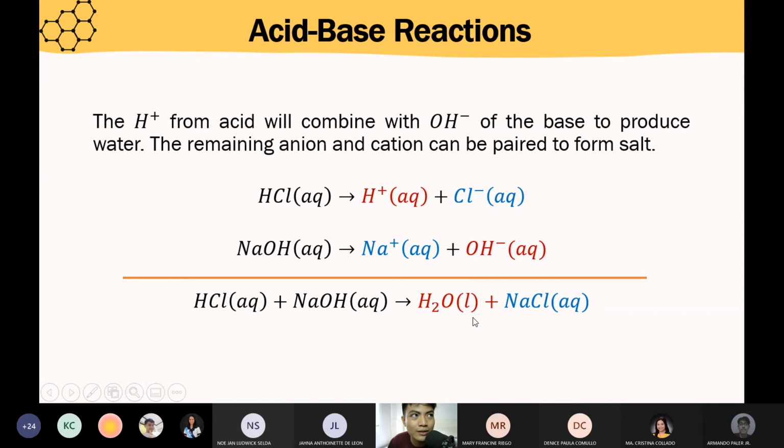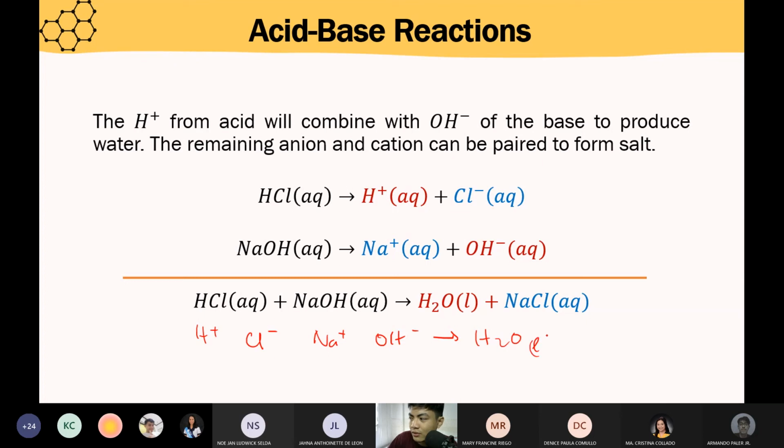Ito, tanungin ko kayo. Ano yung net ionic equation nito? Okay. So sabi ko, for the net ionic equation, only aqueous species should be cancelled out. Okay. So if I write them again into the total ionic equation, so this will be H plus, Cl minus, Na plus, OH minus. Yung water, hindi ko in-split kasi hindi yun aqueous, di ba?